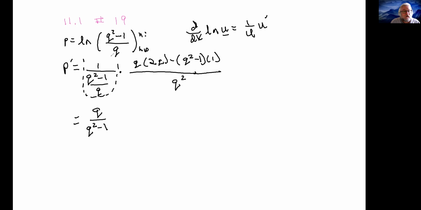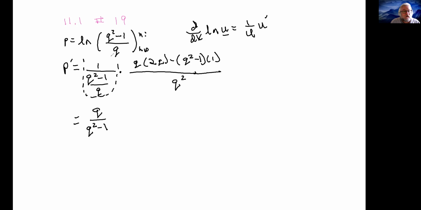So this will be 1 over Q squared minus 1 times the derivative of the goop. We got to do the chain rule, so that'll be 2Q minus the derivative of ln of Q, which is just 1 over Q. And so we end up with 2Q over Q squared minus 1 minus 1 over Q. And if we wanted to simplify, which I would say we would not have to, but if we wanted to, because it would be fun, the common denominator is going to be Q times Q squared minus 1.